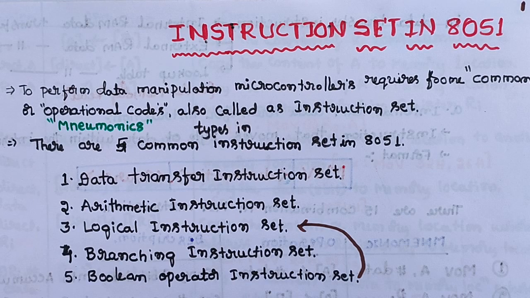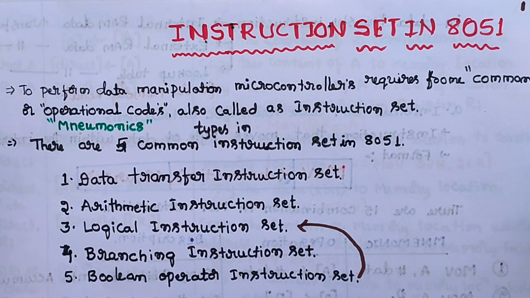Including that, some bit manipulation operations are called boolean operators, related to logical instructions. Those are used to manipulate one bit of information, and it is related to special function registers. In branching instructions, the CPU execution control, that is the program counter address, is transferred to some other part of the main program or external programs. That manipulation is done through the branching instruction sets.